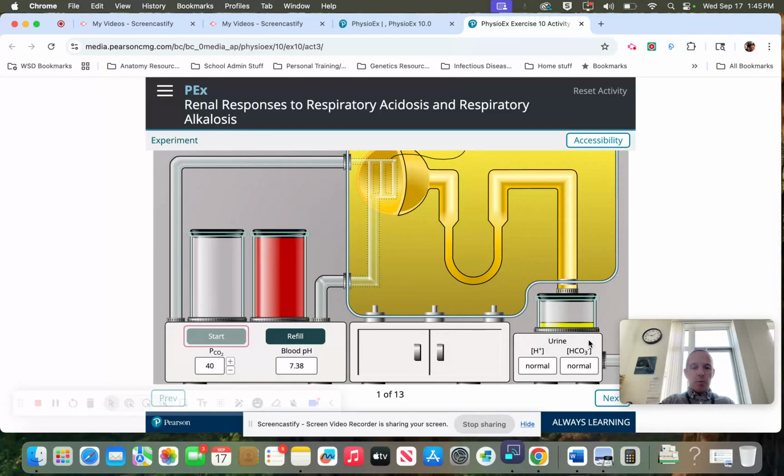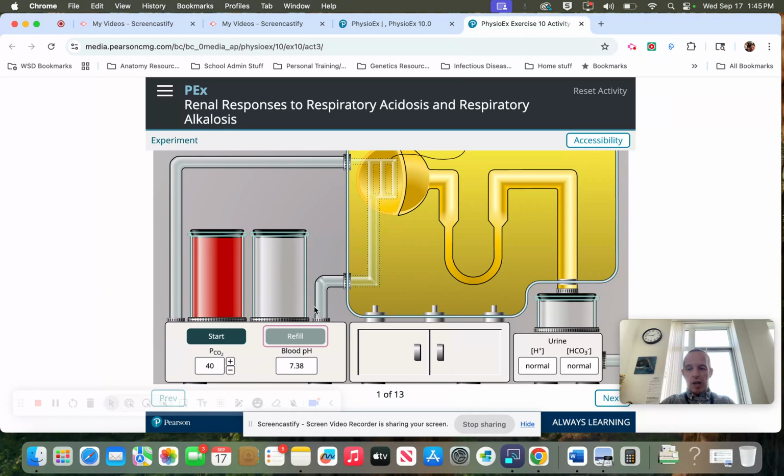So, as we might expect, the levels of hydrogen and bicarbonate, the ions that make things acidic and basic, respectively, are normal. Normal pH, normal concentrations of all these ions in the urine. So, we're going to go ahead and refill this.